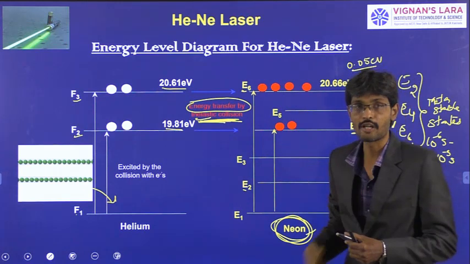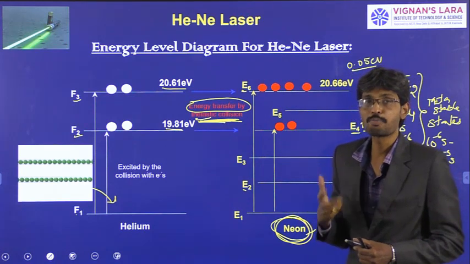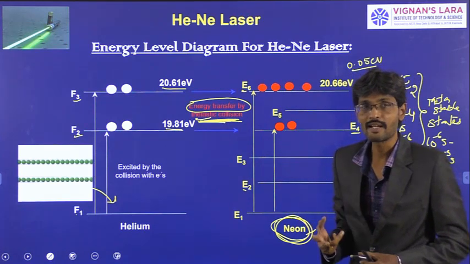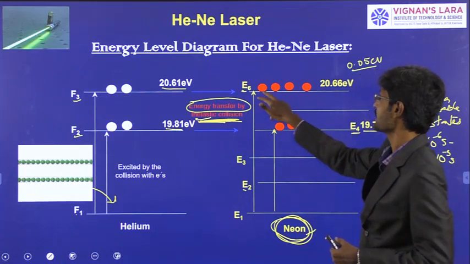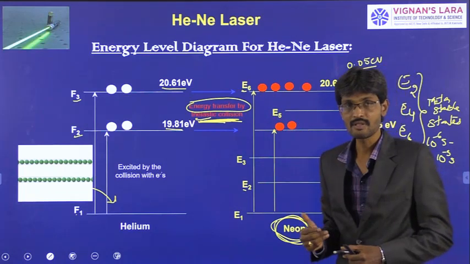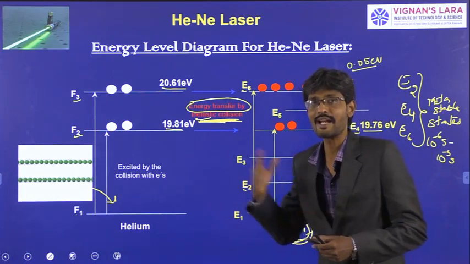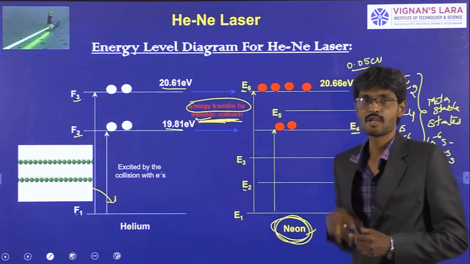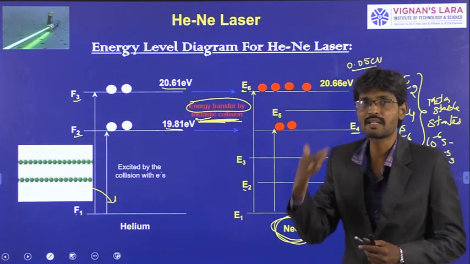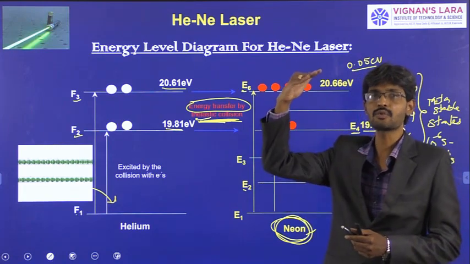As time goes on, the population of neon atoms accumulates at E6 and E4. That means helium atoms continuously transfer energy to neon ions, so neon ions will continuously be excited to E4 and E6.